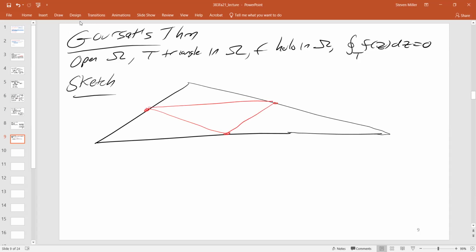We will now have 4 triangles, and we have to think of what name to give them. I will call this T sub 1 with a superscript 1, I'm trying to use the same notation, T sub 2 with a superscript 1, T sub 3 with a superscript 1, and T sub 4 with a superscript 1. And the initial one was T sub 1 with a 0. There was just one triangle.